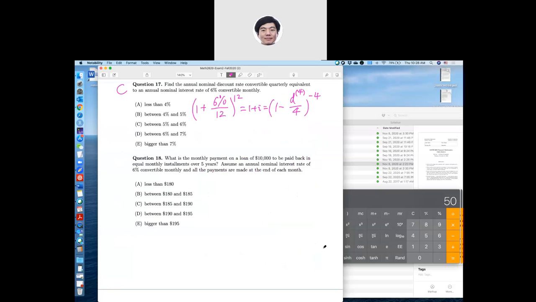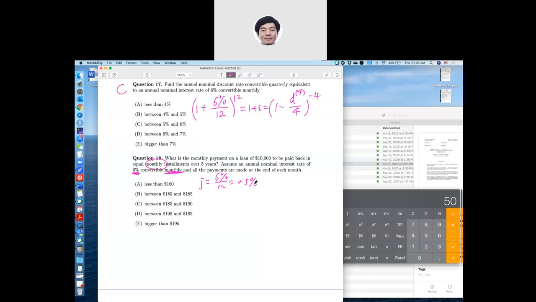What is the monthly payment on a loan of 10,000 to be paid back in equal monthly payments? Right. So we are doing the same thing monthly. We need to convert to J. So what they have is here nominal interest rate 6% convertible monthly. So this is easy.